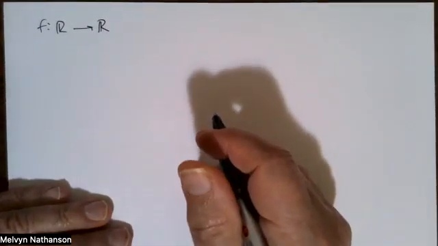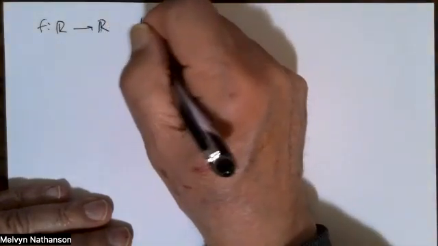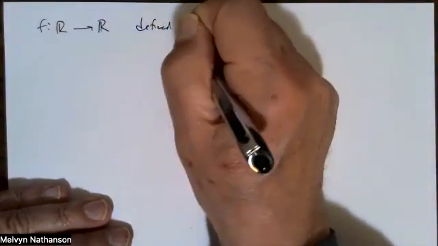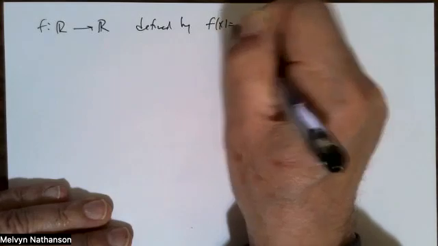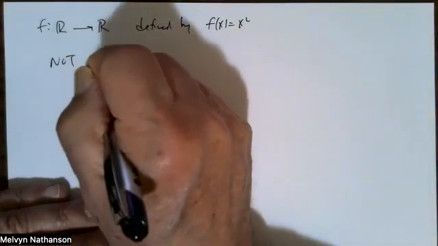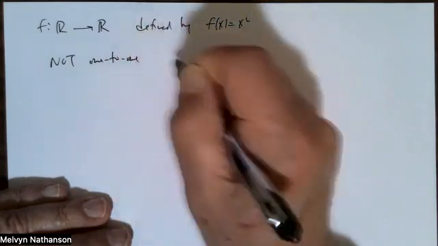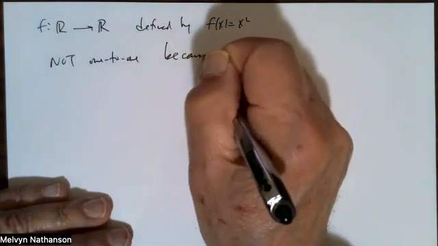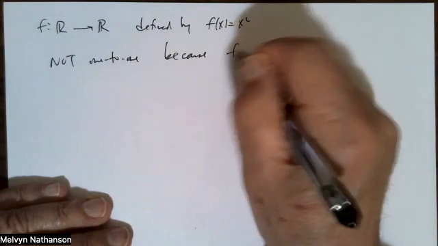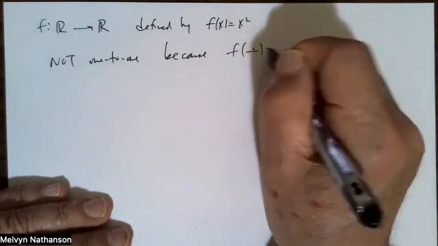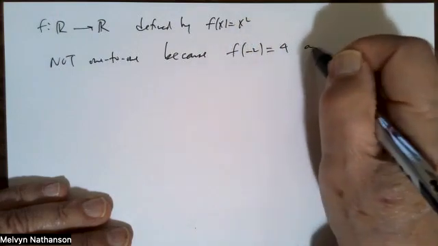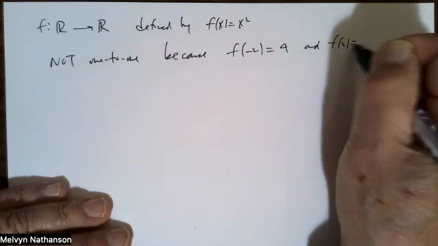So if we take the real numbers, f from R to R defined by, let's say, f of x equals x squared, this function is not one-to-one because f of minus 2 equals 4 and f of 2 equals 4.